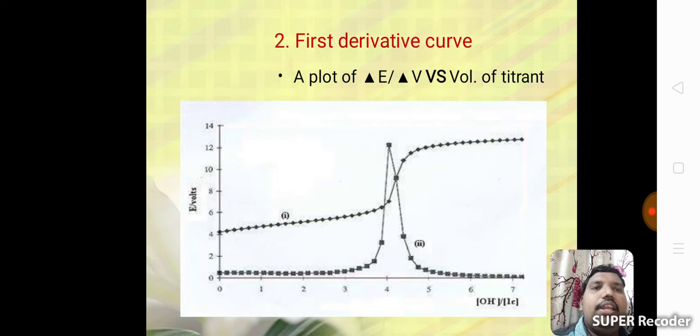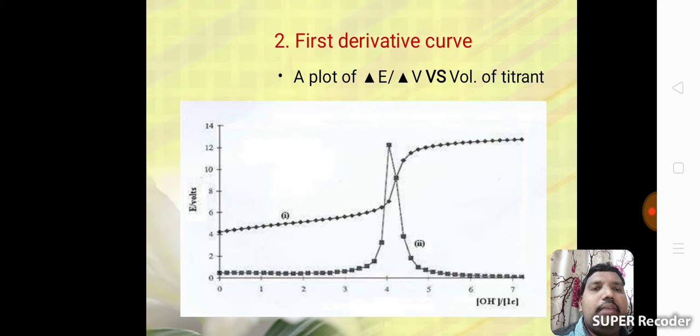The second one is the first derivative curve. A plot of delta E by delta V versus volume of titrant. Delta E is nothing but the electrode potential difference. Delta V is nothing but the volume of titrant difference.